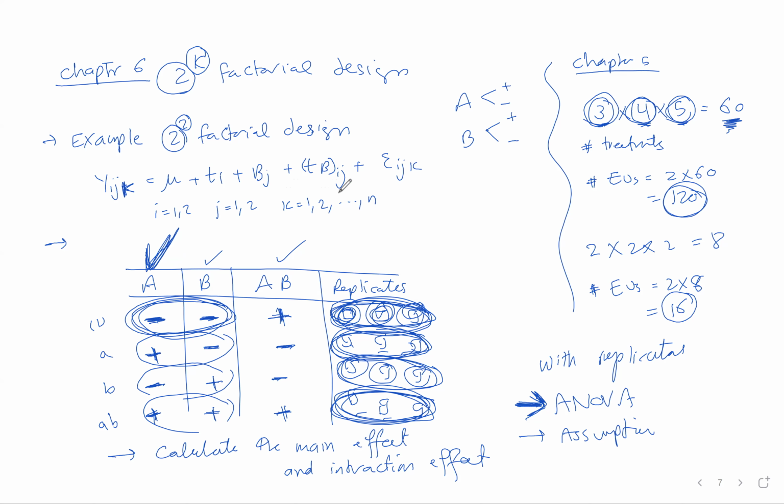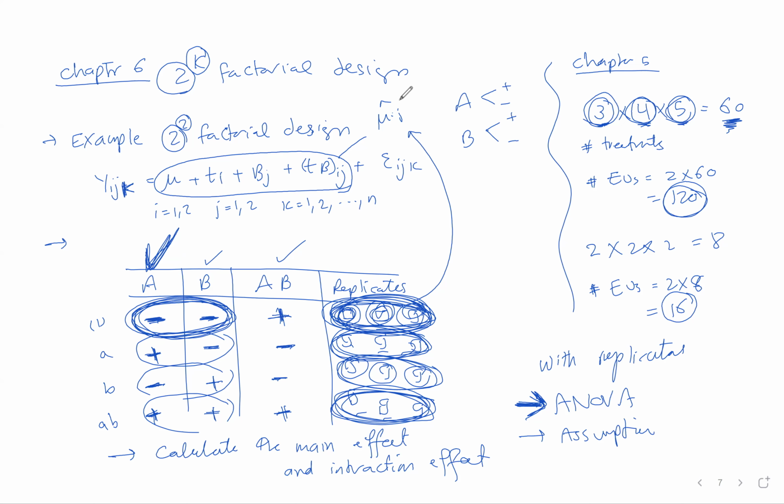This one is called mu ij. If you calculate the average for this one, this is the first treatment. If you calculate the average of this one, it will be the estimation of this one. So the sum of the 3 values divided by 3 gives me mu ij.